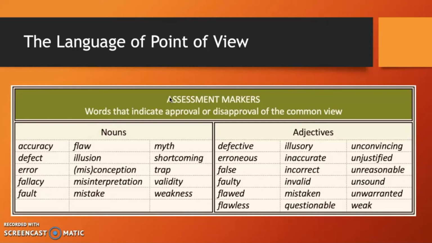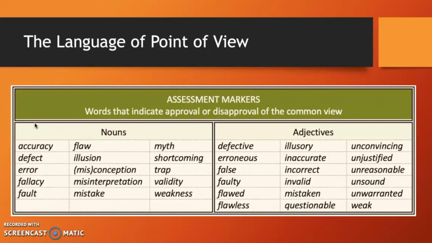So they're going to assess the view and talk about what they think of it. These are words that indicate approval, another word you could say would be agreement, or disapproval, or you could say disagreement of the common view.